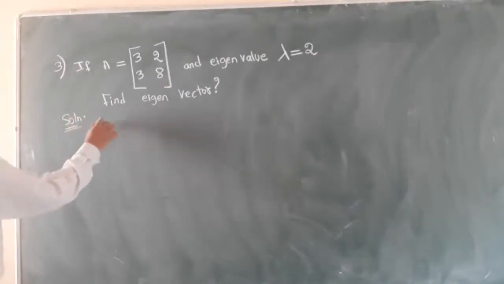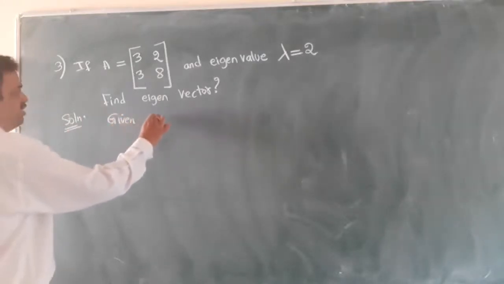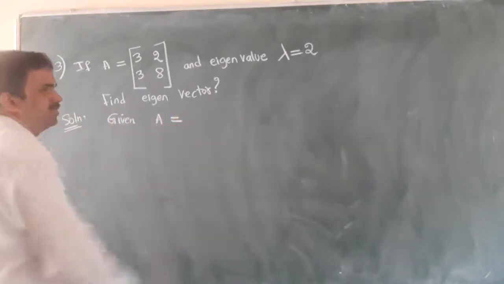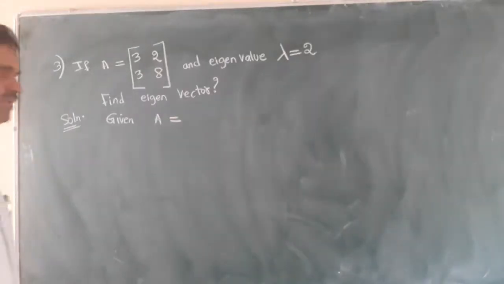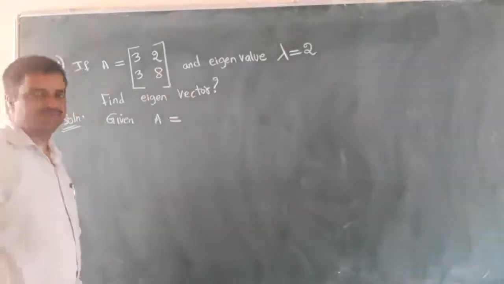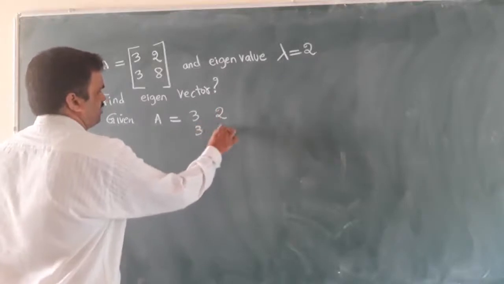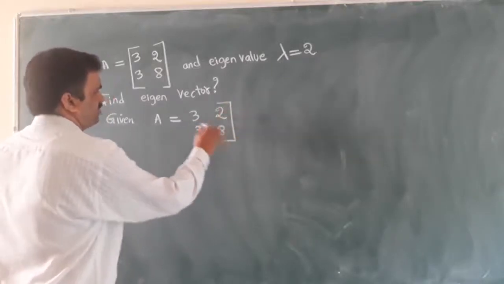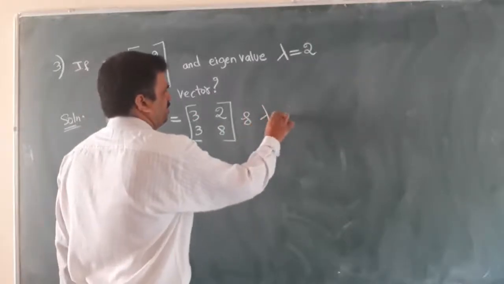Solution. Given matrix A equal to [3, 2; 3, 8] and lambda equal to 2.